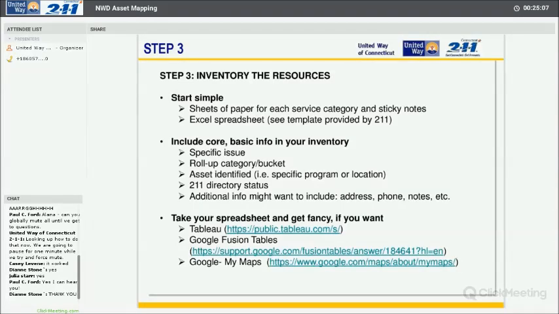Something as basic as that, and then an Excel spreadsheet where you can more formally catalog and inventory the resources and what category they belong to, and then do some sorting and analysis down the road from that Excel sheet. And we'll take a look at the template that we came up with in a second.